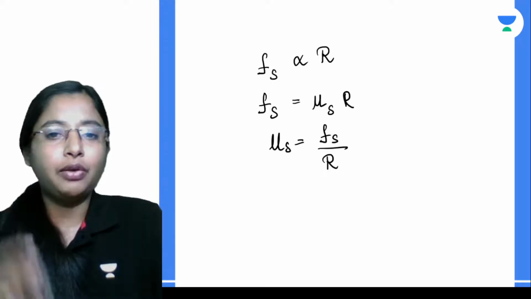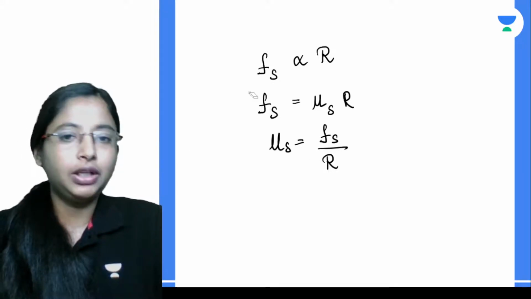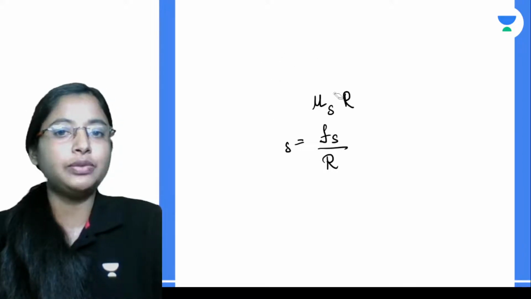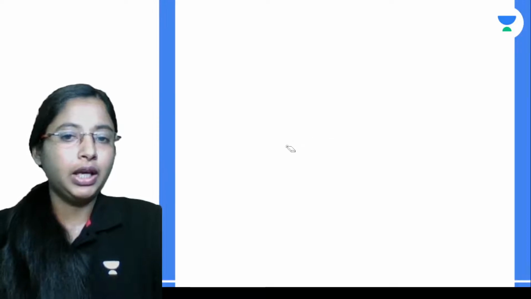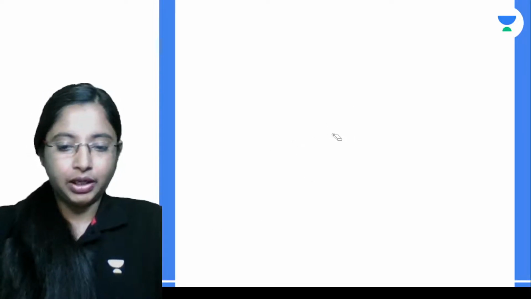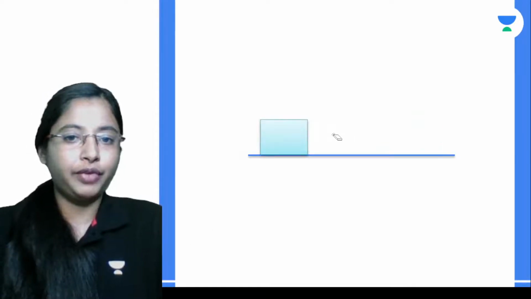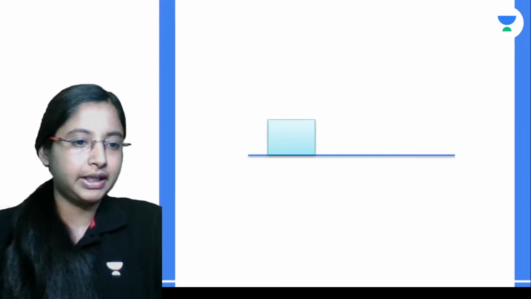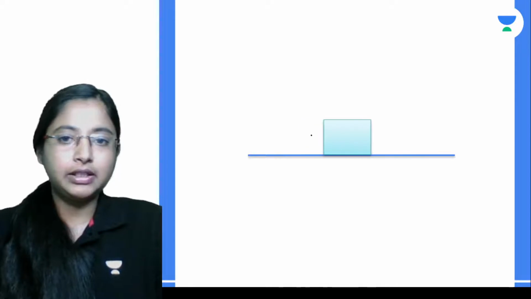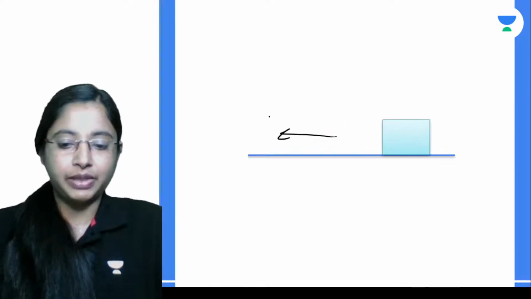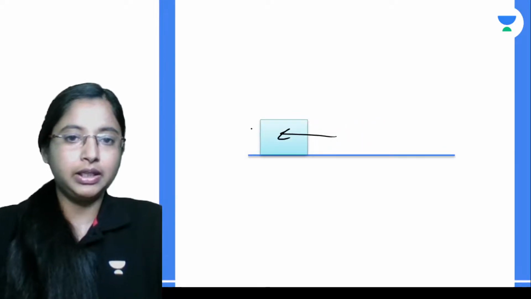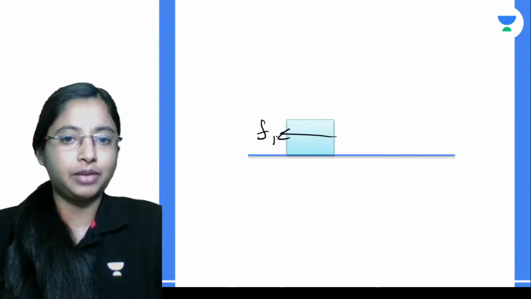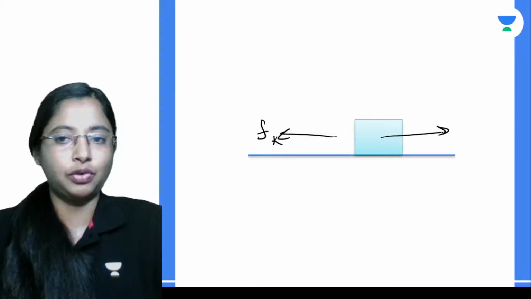Now similar to how we have the laws of static friction, kinetic friction is when the object is moving. Let's say this block is actually moving. As this block is moving, the force that comes into play in this case is kinetic friction, for the force applied.